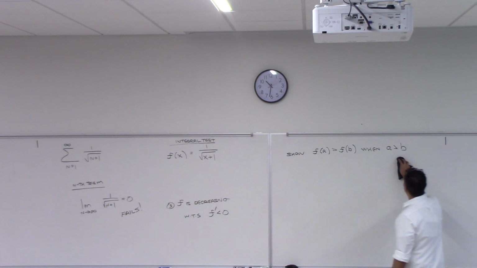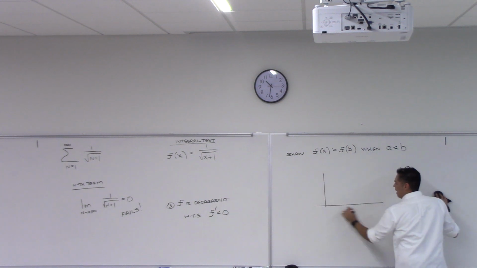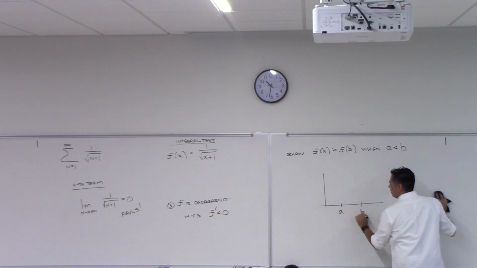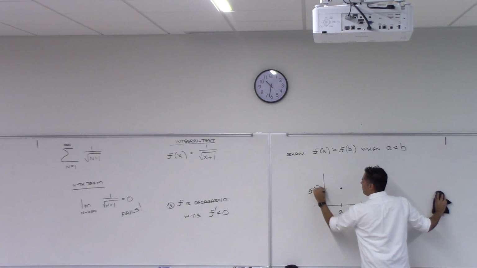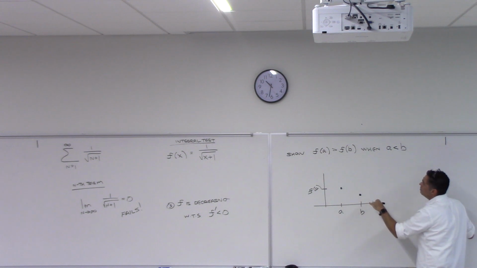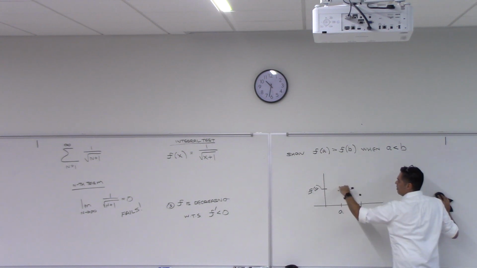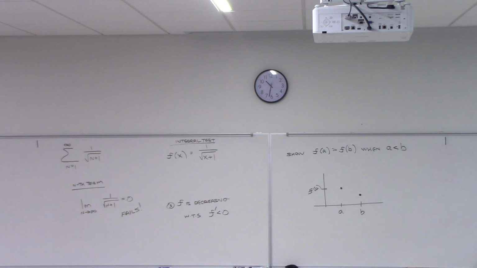This should be backwards. Look, here's what I'm trying to show you. If A is here and B is here, when I plug this in, I get f of A, right? That's this point right here. And f of B needs to be smaller, right? So this number here needs to be bigger than this when that number's smaller than that. That's a typo on my notes, so I apologize.